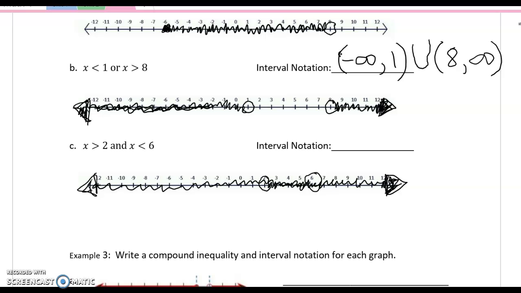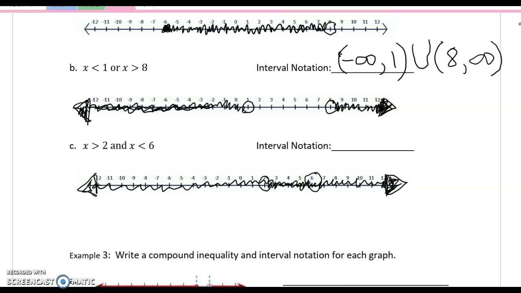So we put an open circle on 6, and because it's less than, we shade to the left. Now looking at our graph, we see basically the whole number line shaded. But we need to be careful how we interpret what we want from this graph, because we cannot leave this as our final graph.